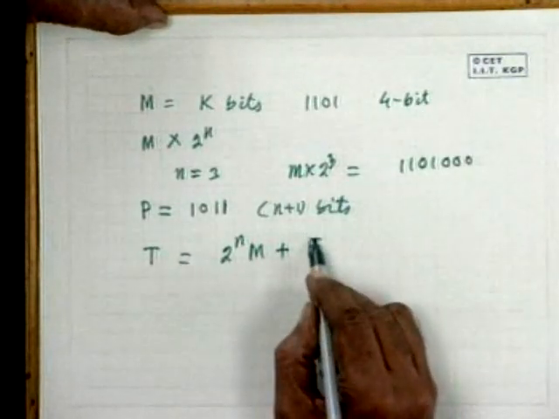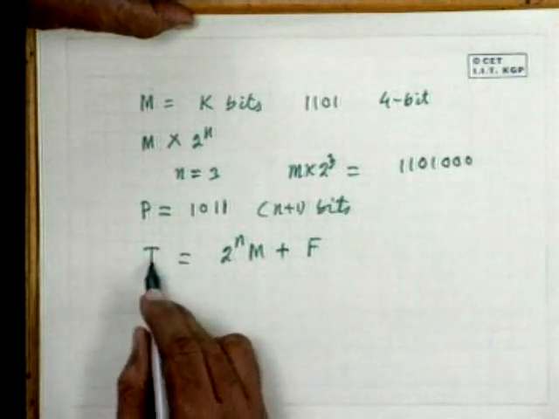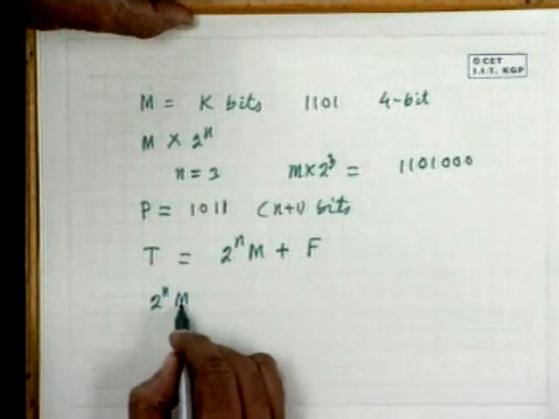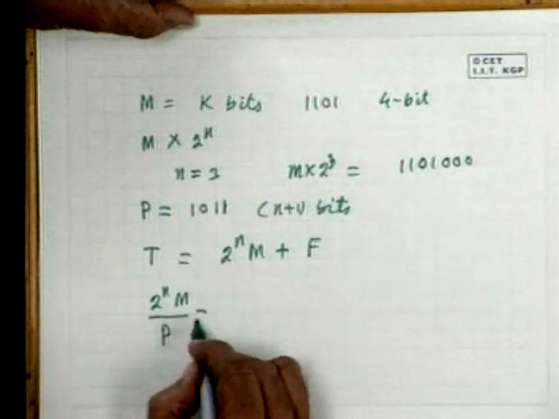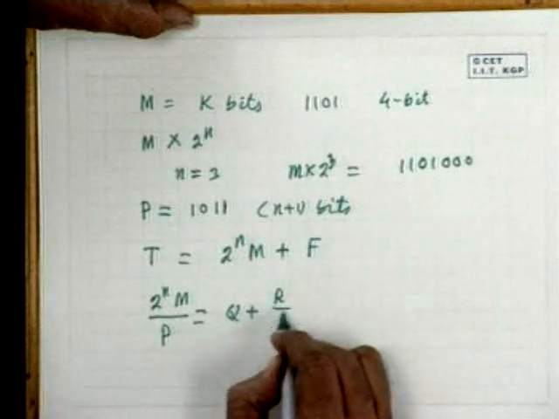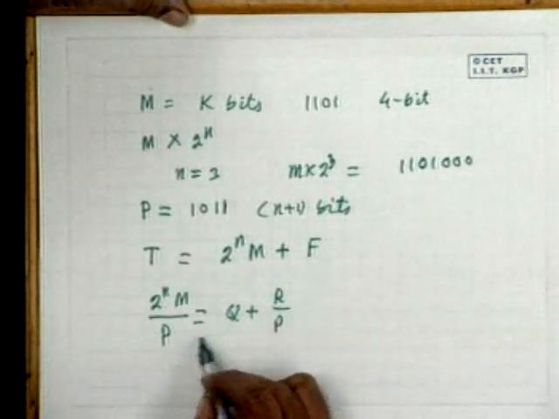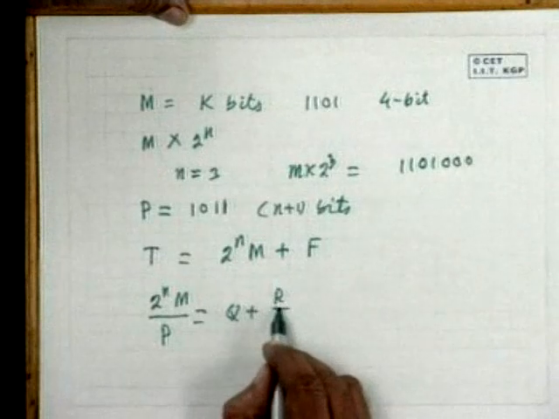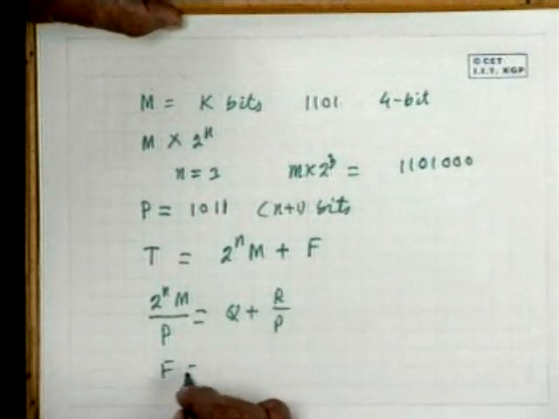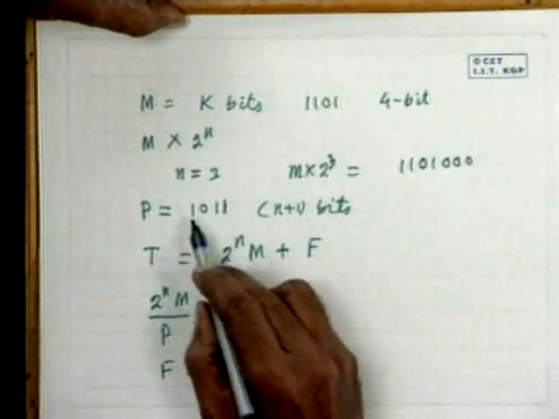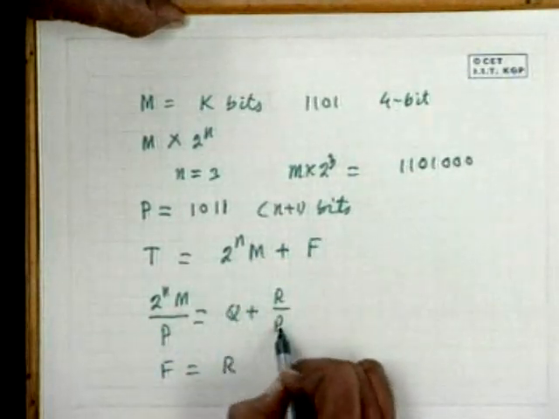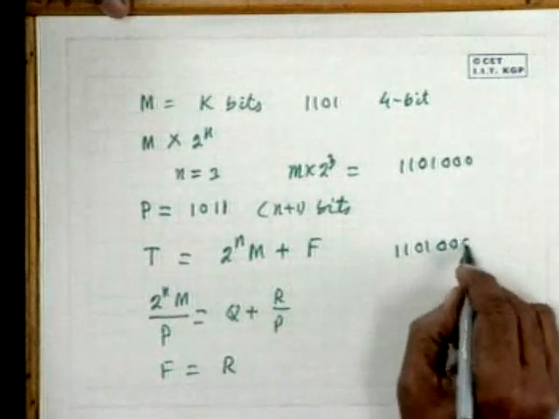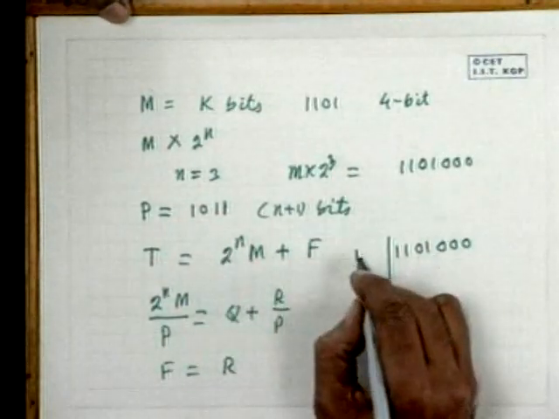F is obtained in this way. 2 to the power n into M is divided by P to get Q plus R by P, where Q is the quotient from dividing 2 to the power n into M by P, and R is the remainder, and F is equal to R. Let me explain with the help of this example. To get F, you divide 1101000 by 1011.